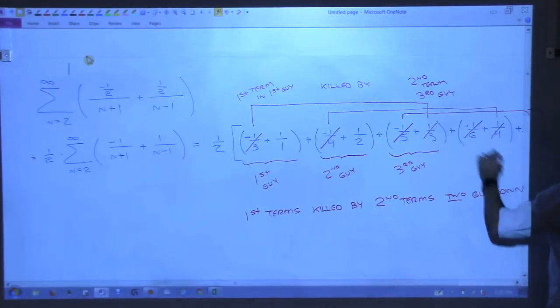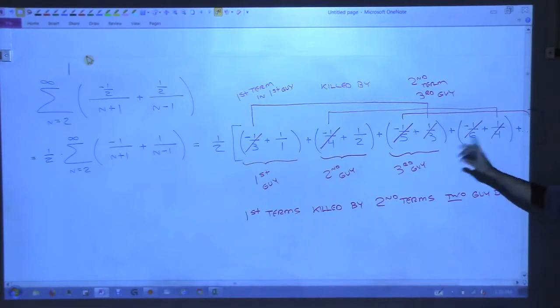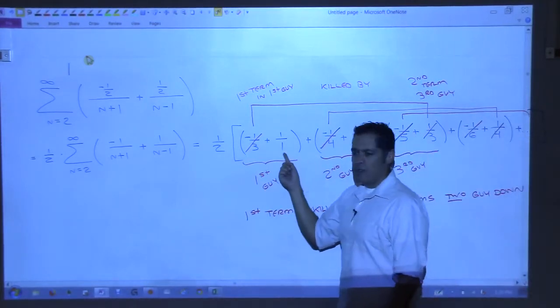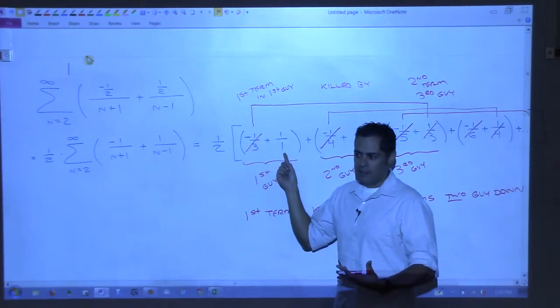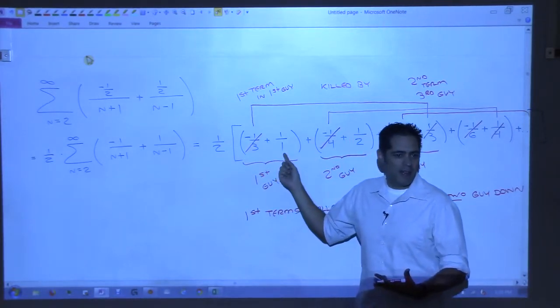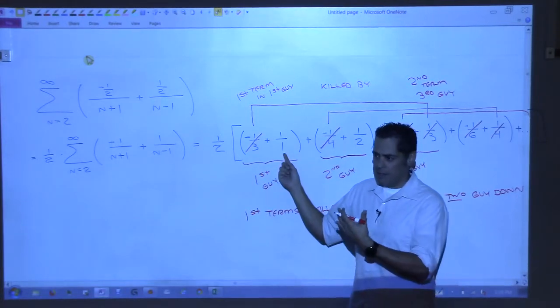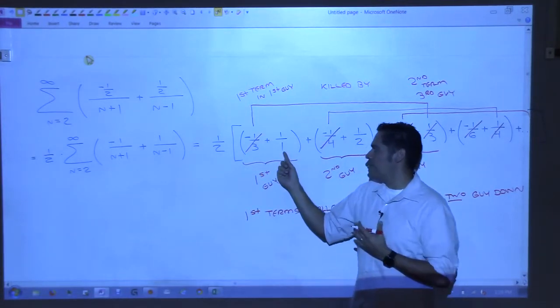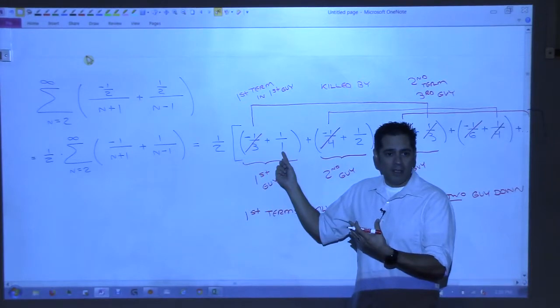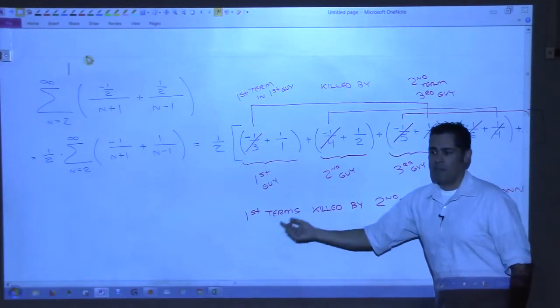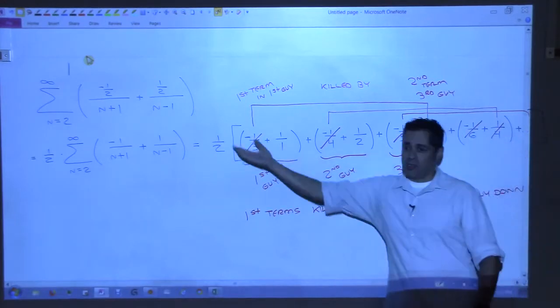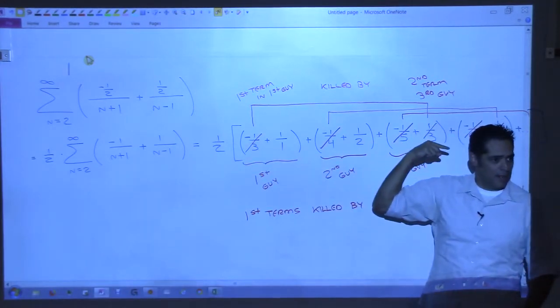So that guy's gone. So what's still left over here? 1. Is this one killed off? Why not? Is it a first guy or a second guy? It's a second term, right? Second terms are killed off by first terms, but 2 upstream, not downstream, right?